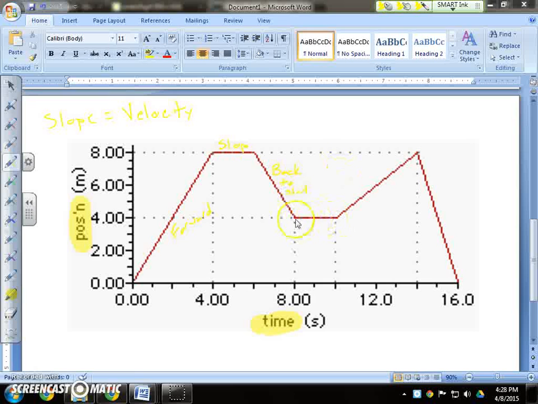Again, this horizontal slope means that you have a zero slope, which means, again, we stopped, and then we start moving forward again, and then backward again. And none of this has said anything about speed until we calculate the slope.